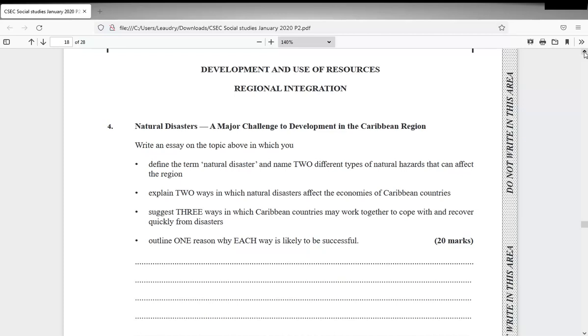So they can come together and have a funding account where countries can donate funds, money into that account, so as to assist the countries that are being affected, so that all those resources put together can assist them to recover as quickly as possible. So we're asked to outline one reason why each is likely to be successful.